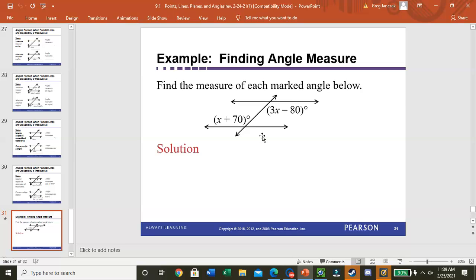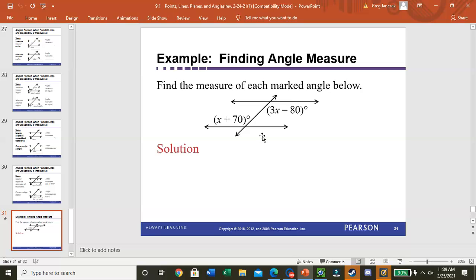So alternate interior angles are what in relation to each other? They're equal, very good. So almost all of them are equal. The only ones that are not are what? Yeah, ones that are on the same side, right? Same side, either interior or exterior.